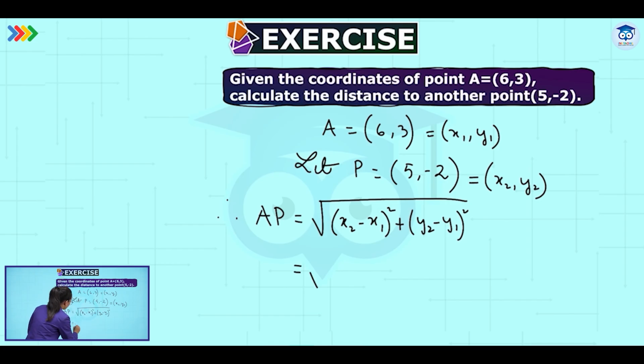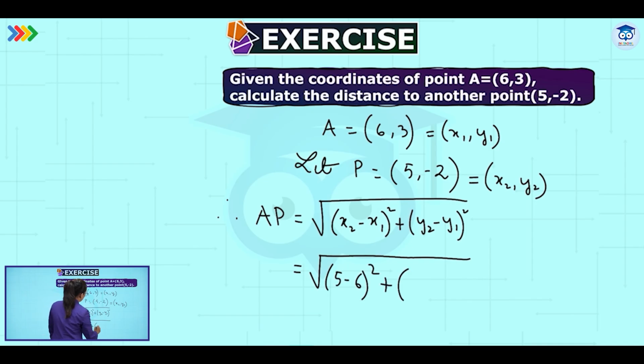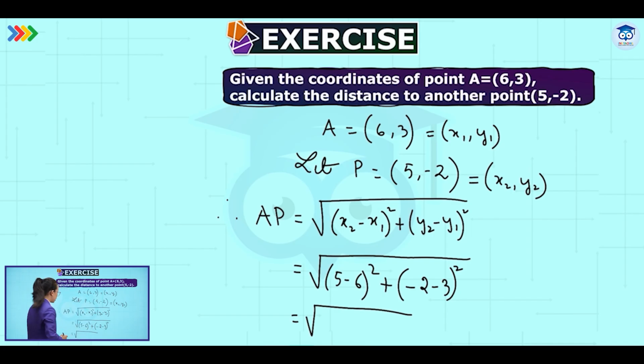So we have 5 minus 6 the whole square plus minus 2 minus 3 the whole square. This is minus 1 the whole square, which is 1, plus 5 square, the minus sign gets ignored when we square it. So we have 25, making it root 26. This is how we calculate the distance between any 2 points using the distance formula.